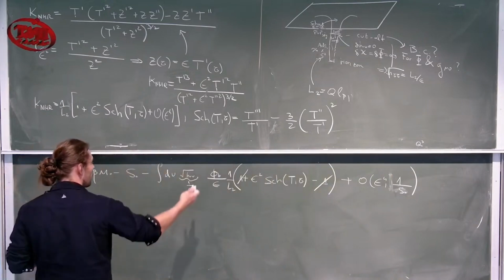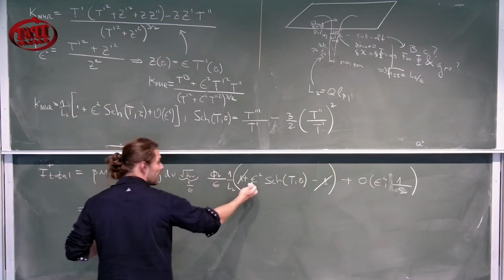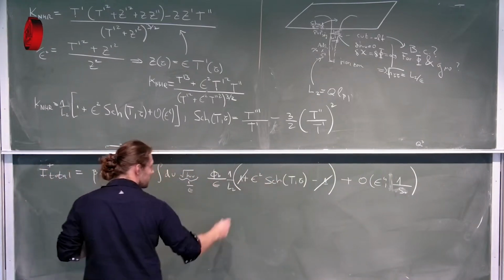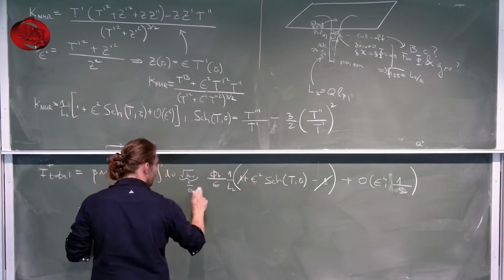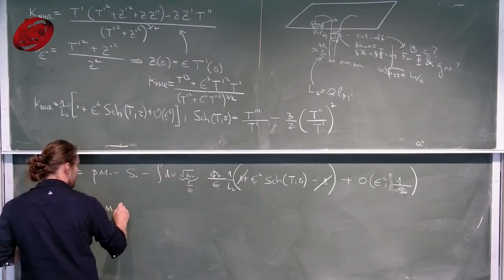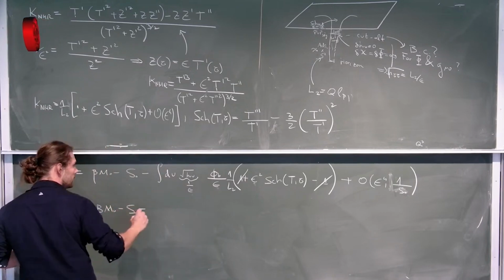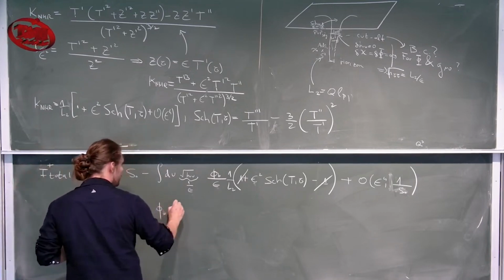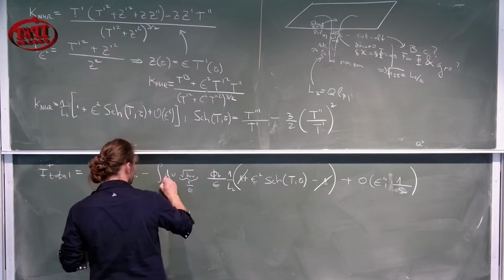So now I'm just left with something that's completely epsilon independent. Namely, this factor of epsilon squared cancels with these two factors of epsilon, and I'm left with beta m naught minus S naught, phi b integral du.